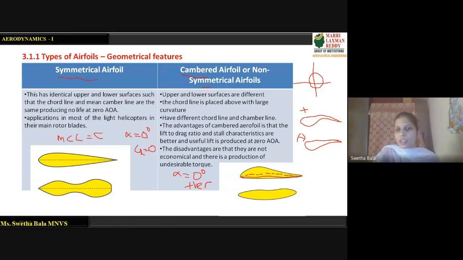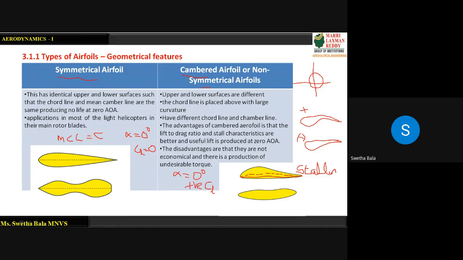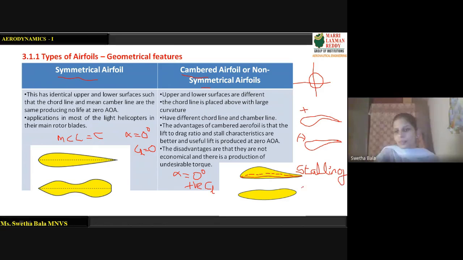That means indirectly, in flight mechanics, you must have come across stalling. So stalling tends to be delayed, or you will have high CL max. Stalling is delayed for the cambered airfoils.